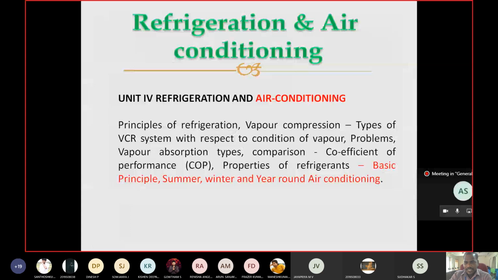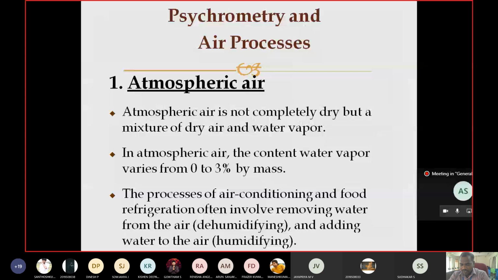So in air conditioning, from the name itself, we can identify that we need to condition the air of the room, right? So we need to know the properties of air first, right? We need to know the properties of air, then only we can control the air, right?